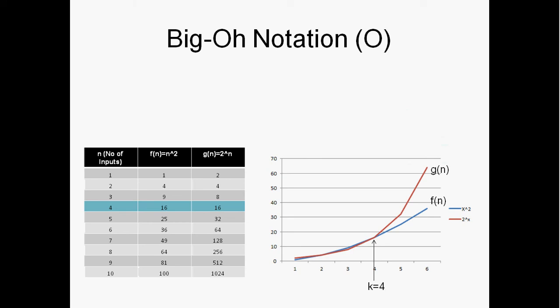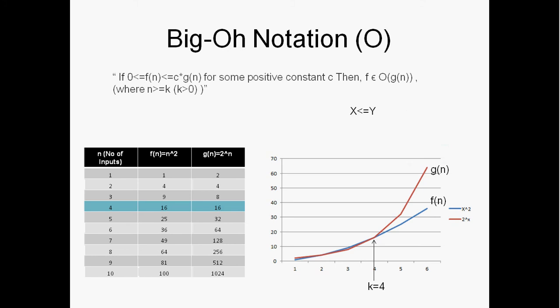If you go through more inputs than these, it will not change; f would always be less than or equal to g. So in this case you get a less than or equal to relation, so you have big O notation, like f is in the order of g.